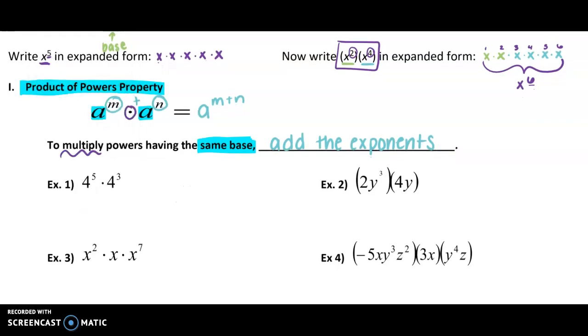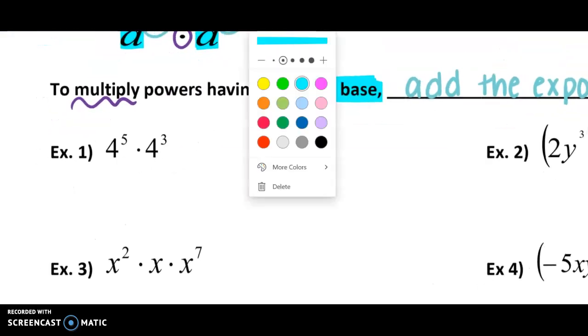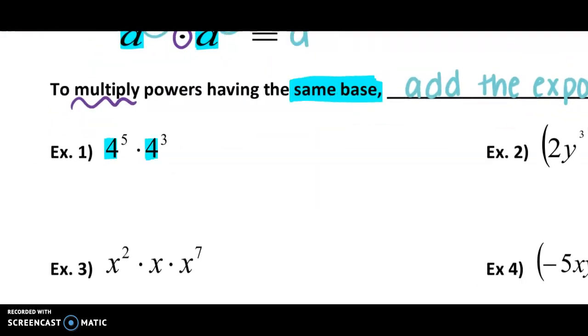So our first example, we have 4 to the fifth times 4 to the third. First thing you want to make sure, do they have the same bases? They do. Both their bases are 4. So then I can take my exponents and add them together. So this is really the same as 4, your base stays the same, to the 5 plus 3 power, which is really just 4 to the eighth.